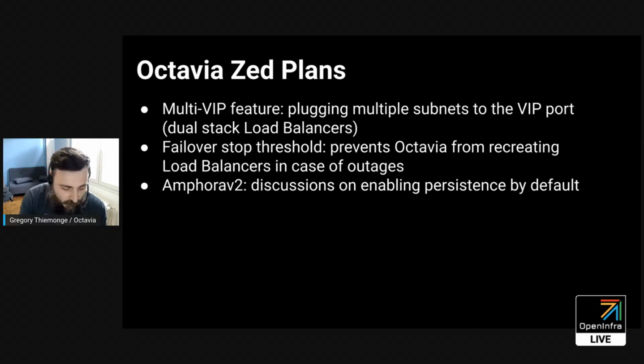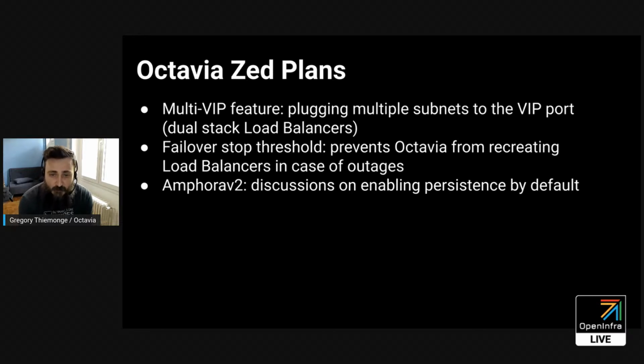It means that if a user wants to have both IPv4 and IPv6 addresses on the front end of its load balancer, it needs to create two load balancers. This feature extends the Octavia API by allowing a user to specify multiple additional subnets from the same network when creating a load balancer. So with this feature, it enables dual stack load balancers.